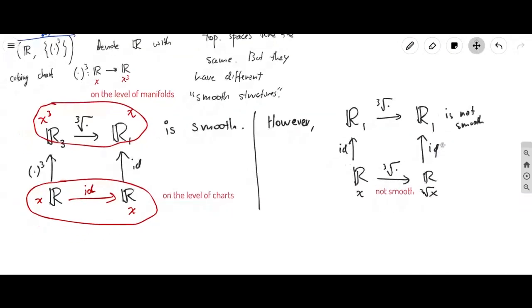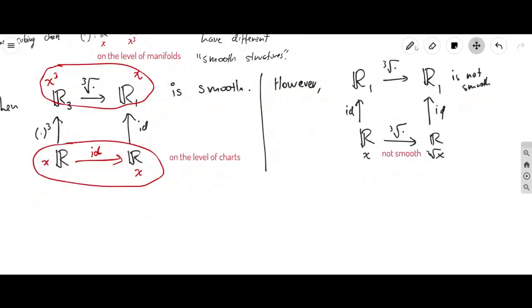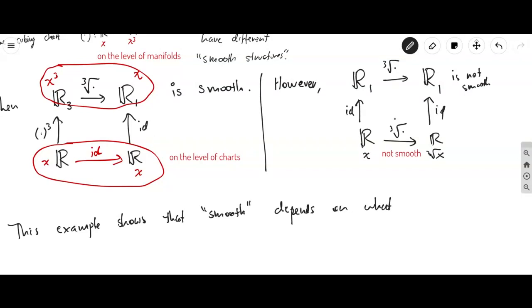So it's an interesting example. This example shows that being smooth depends on what atlas you use, even if the topological spaces are the same.